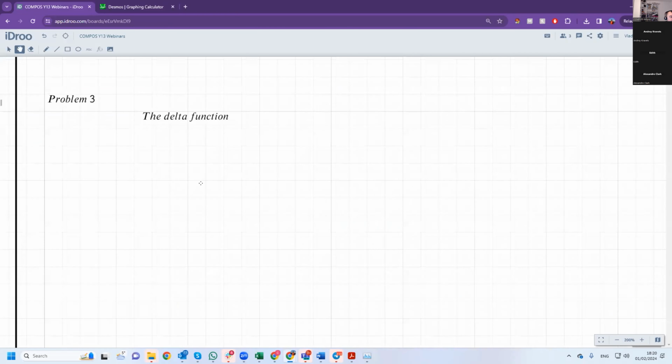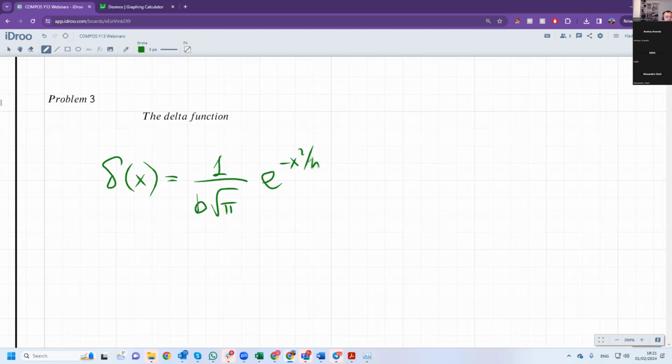Therefore, the delta function is defined as... No, sorry, what am I saying? The delta function is the Gaussian function, 1 over b root pi times e to the minus x squared over b squared.